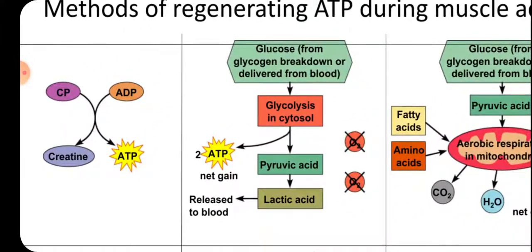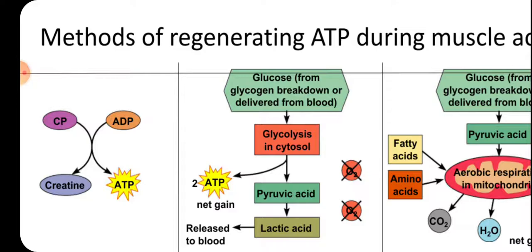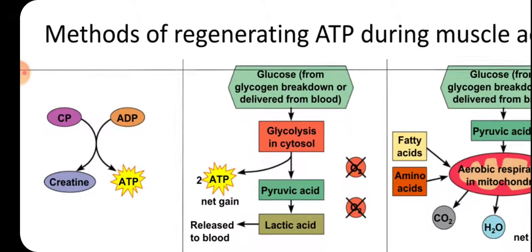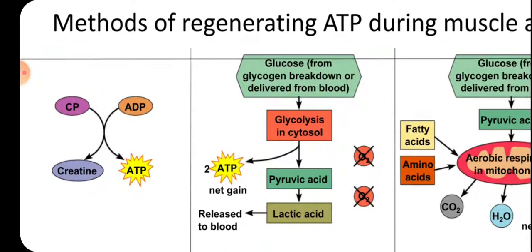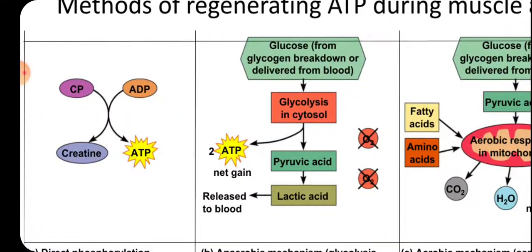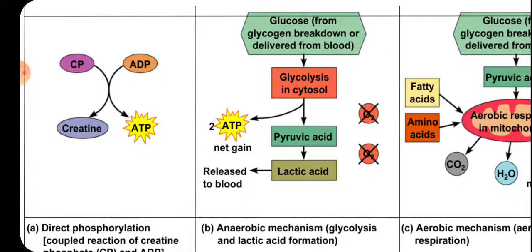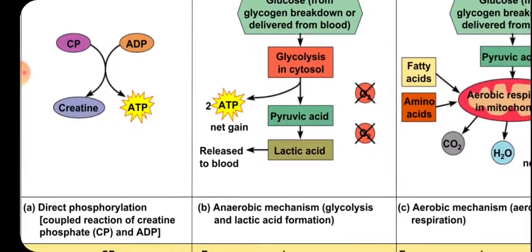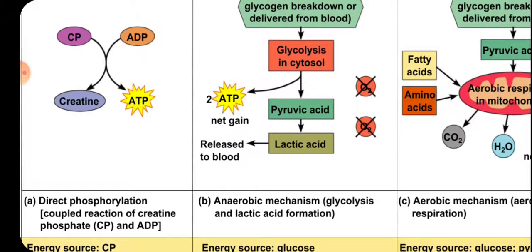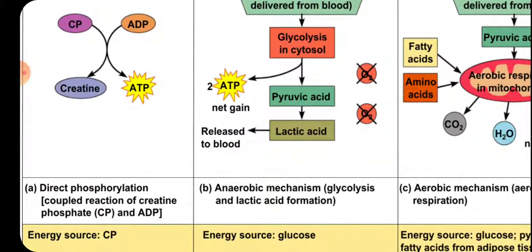In the second instance, glucose, when glycogen breaks down or is delivered from blood, by the process of glycolysis in the cytosol creates ATP. A net gain of 2 ATP takes place.